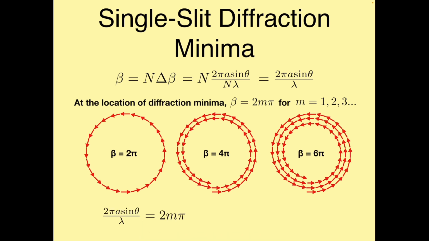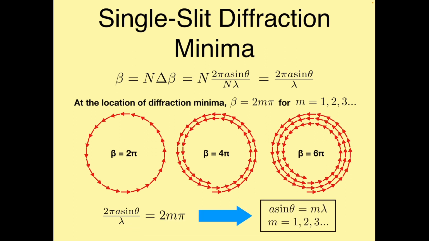Okay, so let's apply that condition. We have beta, which is equal to 2 pi times a times sine theta over lambda, equaling 2m times pi. So immediately we can cancel out the factor of 2 and a factor of pi on both sides. And then let's just move the lambda over here.